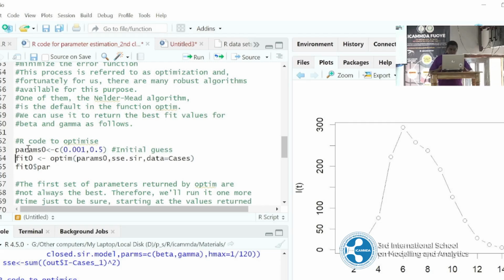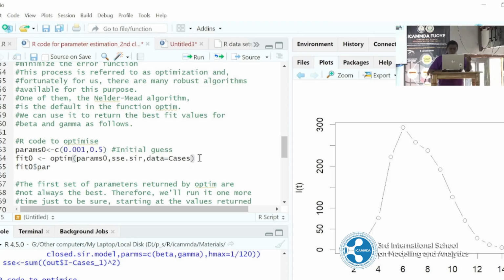Then I supply the initial guess of the parameter values gamma and beta into optim. Optim takes three things essentially: the initial guess of the parameter, the function that we want to minimize, which is the sum of square error, and the data that we want to use.